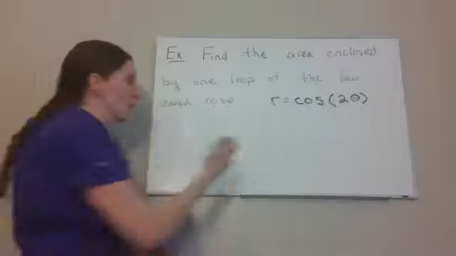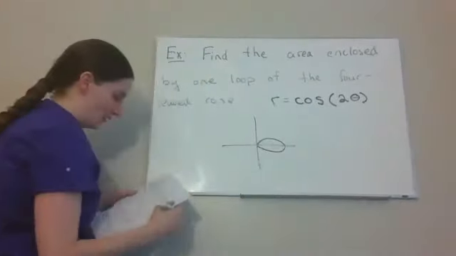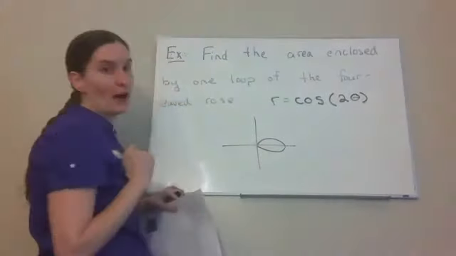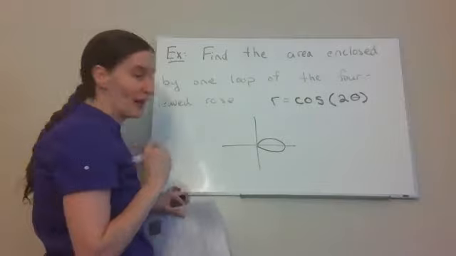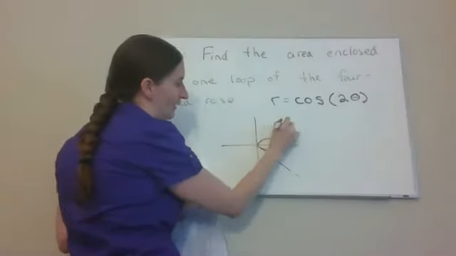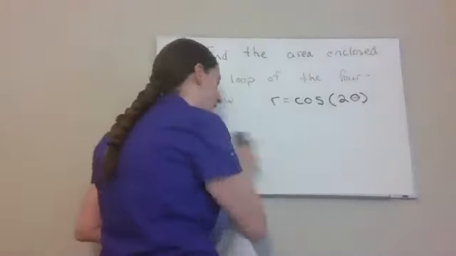If you remember that graph from earlier, one of the loops of our rose was right there. That is between a negative pi over 4 and a positive pi over 4 for my angle, because I'm starting at this angle down here and finishing at that angle up there. So those are the angles I'm going to use on my integral.